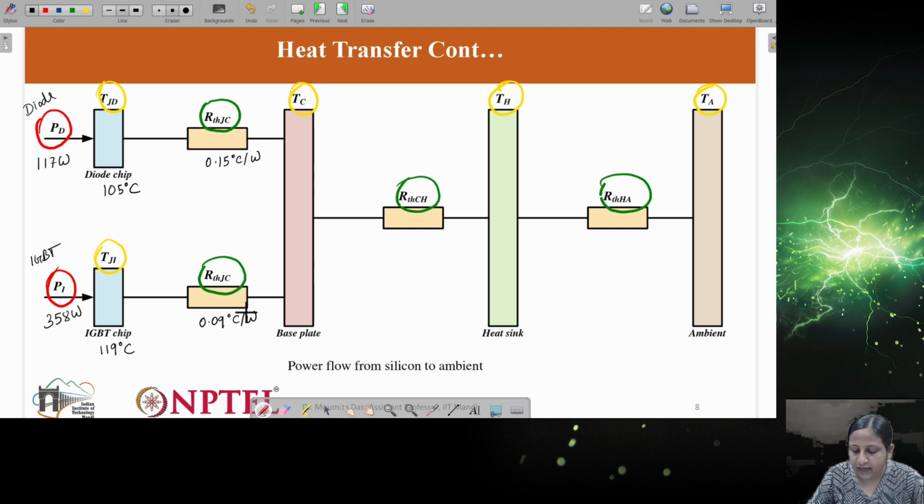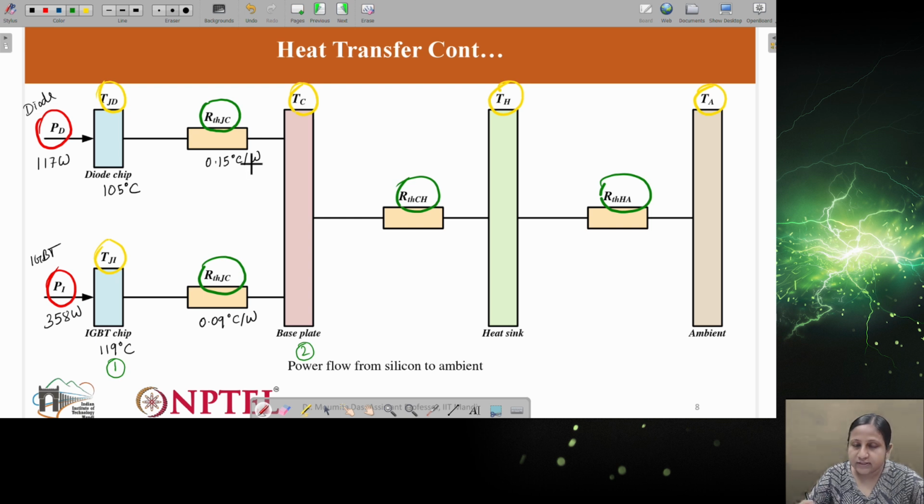Now if we have this thermal resistance, then there will be a temperature difference between point 1 and point 2. Let me write down at the bottom, so the colors will be clear. This is point 1 and this is point 2. The point 1 temperature is 190 degrees Celsius for the IGBT chip, and for the diode it is 105 degrees Celsius.